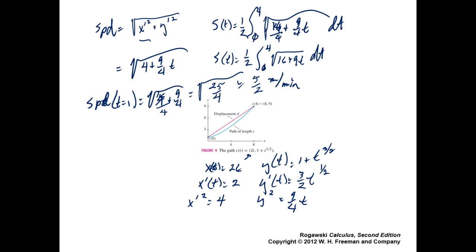All right. How do you approach that? Okay, what do you want to substitute? I think that will work, but let's see what we do. Let u equal 16 plus 9t. Okay, then du is equal to 9 dt. But we don't really want what 9 dt is, we want dt, so dt is du over 9.